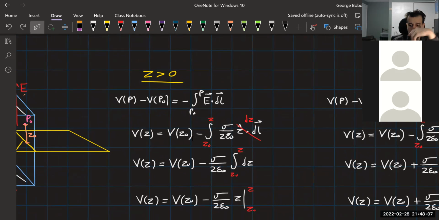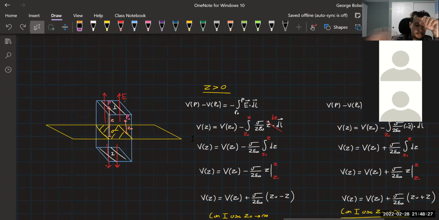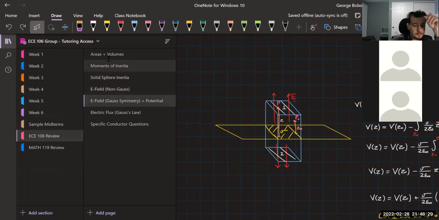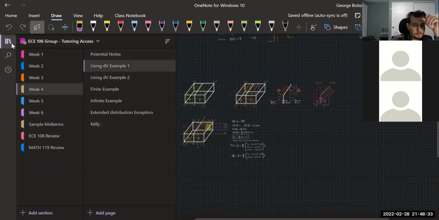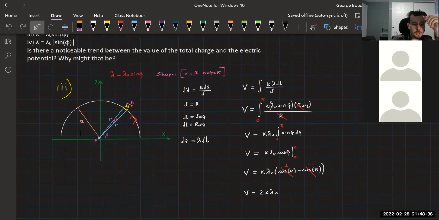What if I don't have the electric field? You just assume that I have the electric field available. What if I don't have it? Do we have to find it then? Usually, yeah. But what if it's hard to find the electric field? Well, in that case, let me remind you. You see over here, non-Gaussian symmetry.